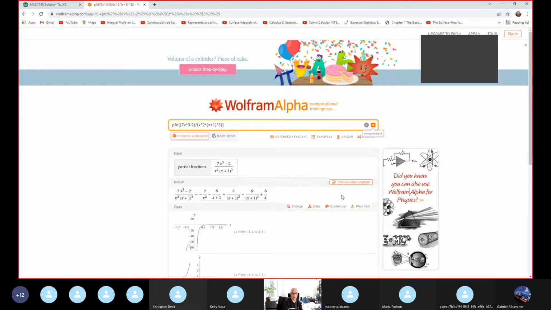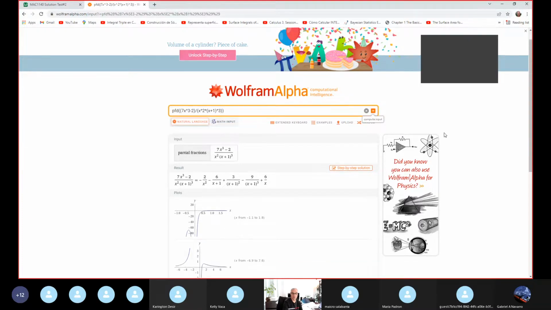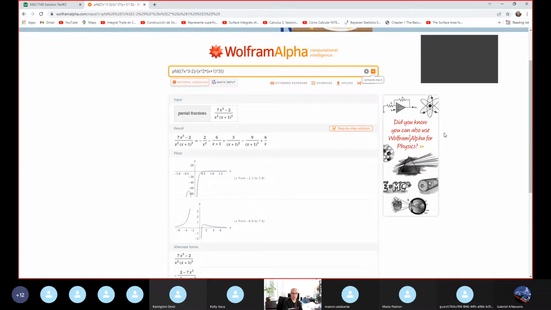Okay. Wolfram Alpha. Do you see Wolfram Alpha? Yes or no? Speak out. Okay. Now yes, the answer is we found B. B was negative 2. B was the coefficient associated with the x squared. Okay, negative 2. Look at that. It's the first one. It's a coincidence. And E is associated with the x plus 1 cubed. E is negative 9.